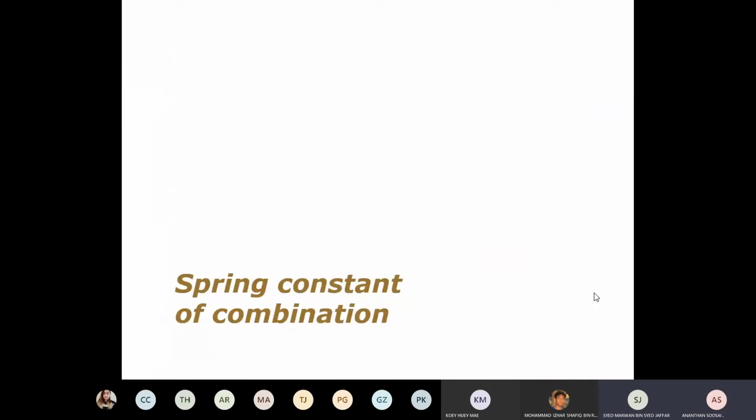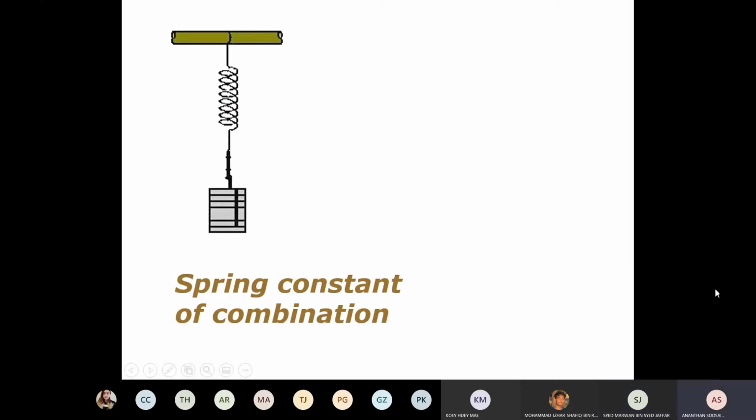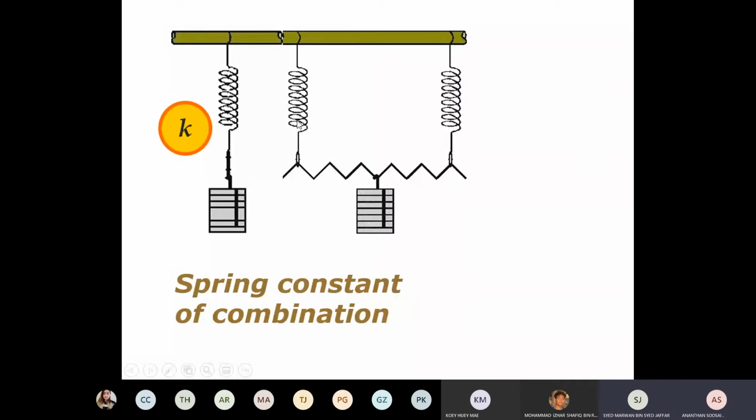Okay, this is something new, if I'm not mistaken. I don't know whether you learned it in your O levels or SPM. We're going to have spring constants in combination, connecting springs together. This is one single spring hanging a mass M, and let's say the spring constant is k. Let's say the springs are connected like this in parallel. What happens to the spring constant of this system? It rises, it increases.